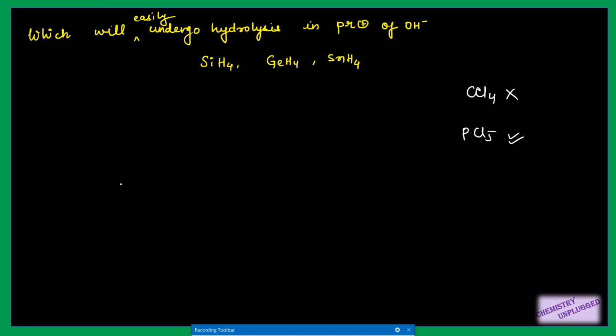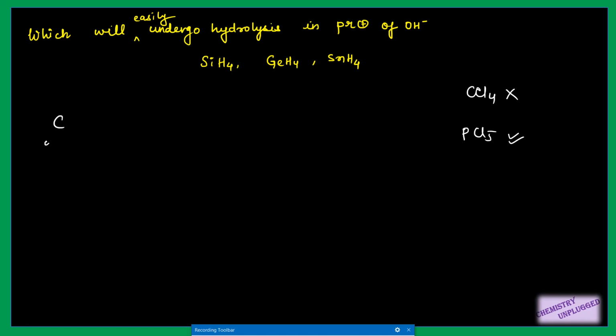So it will not show hydrolysis. But this thing cannot be applied here. We have to consider electronegativity. As we have discussed in the starting, in case of s block elements, the trend of ionization potential is the same, means it will decrease down the group. But in case of p block elements, it is not so. Same thing, in case of s block elements electronegativity decreases down the group, but in case of p block elements, this is not so.